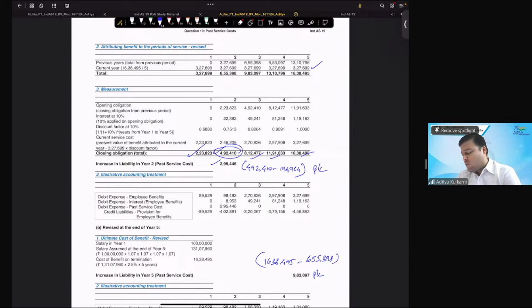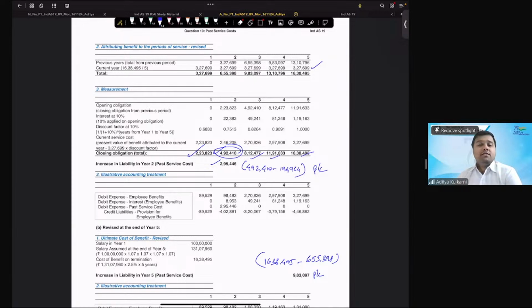Then we saw one thing, that is past service cost. This is where you are modifying the plan. The modification of the plan will be taken in the current period because this is within the control of the entity. In one of the examples, we saw that the plan formula was changed from 1% to 2.5% of the amount payable based on the last drawn salary.